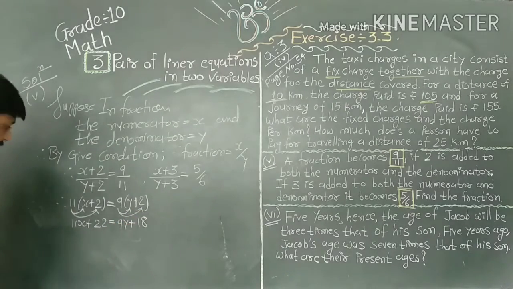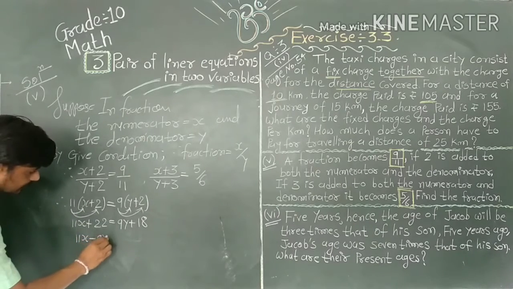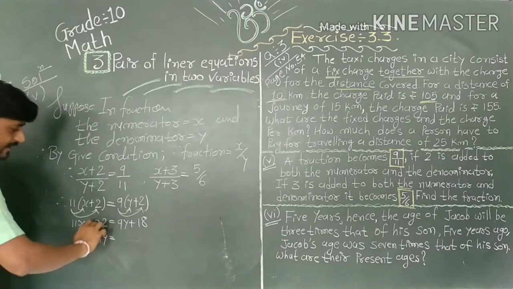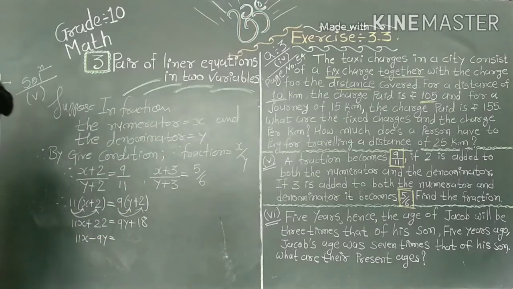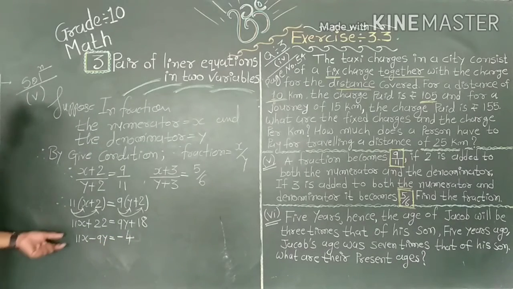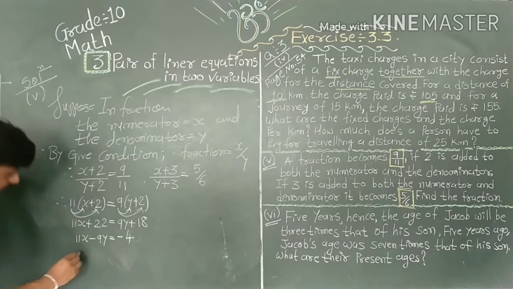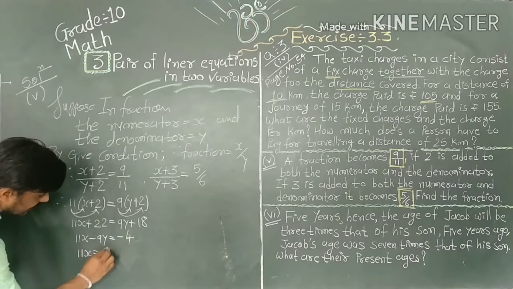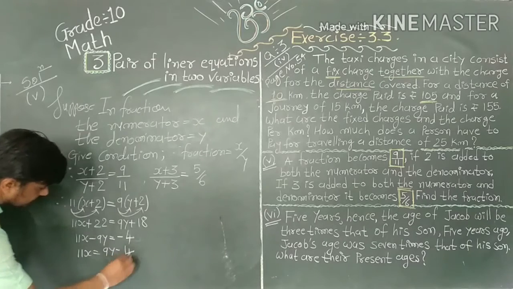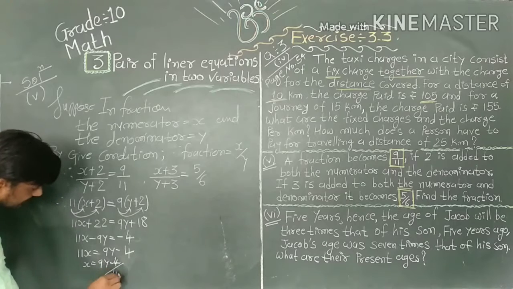Now by transpose method, 11x minus 9y is equal to 18 minus 22, that means minus 4. Now if we get the value of x, 11x is equal to 9y minus 4. x is equal to (9y minus 4) upon 11. This is the value of x.